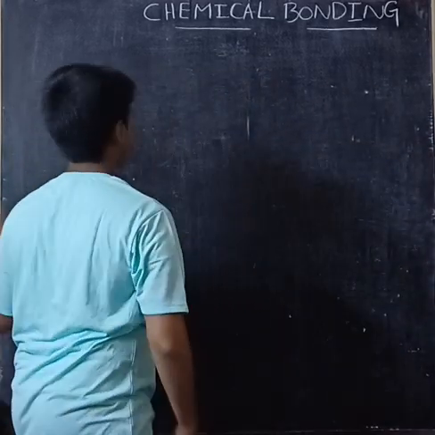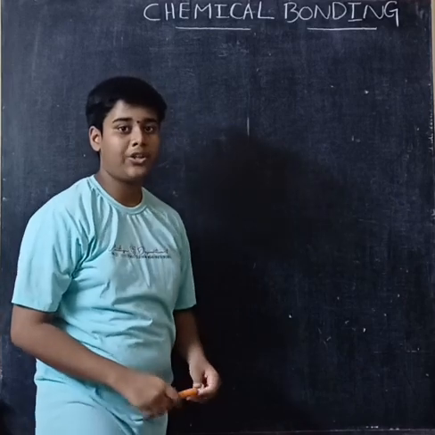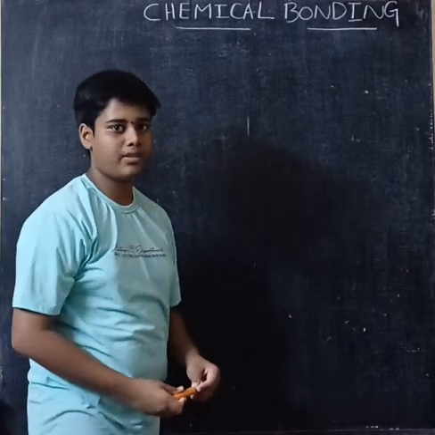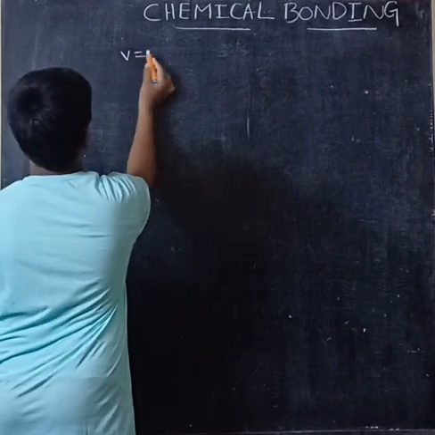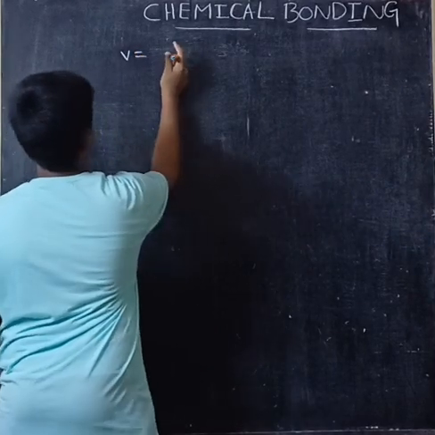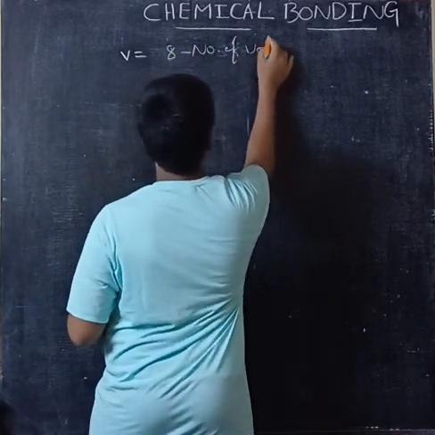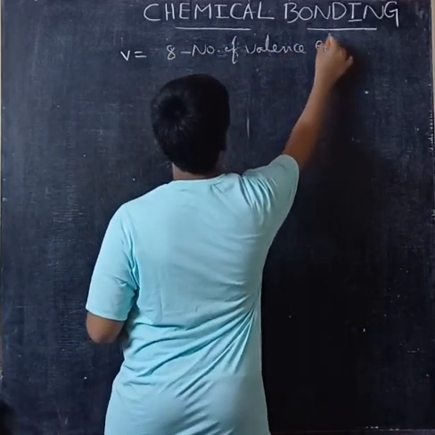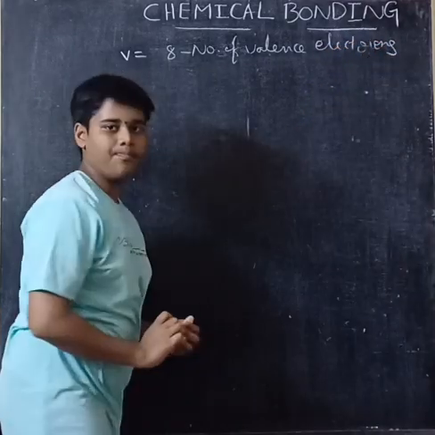Here this Lewis dot structure is also known as the Lewis atomic theory of valency. So how to calculate valency: V equals 8 minus the number of valence electrons, according to Lewis atomic theory.